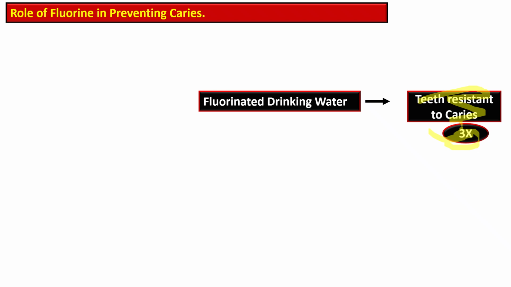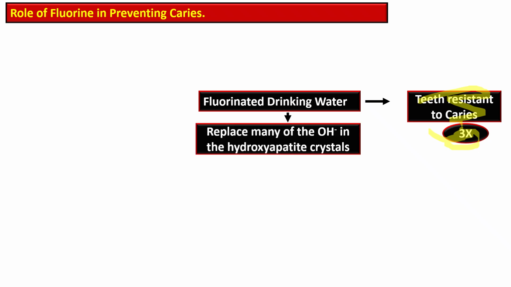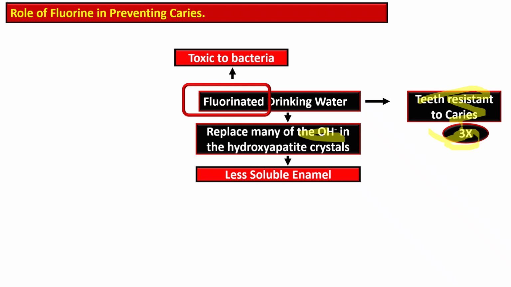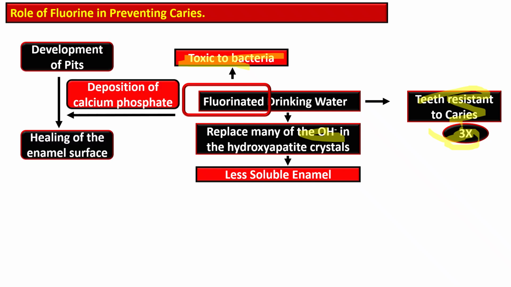The fluorine ion replaces the hydroxyl ion in hydroxyapatite crystals, which leads to formation of fluoroapatite, and this is significantly less soluble in acids than hydroxyapatite and increases the resistance of enamel several times. It also has antibacterial activity because it has a toxic effect on caries-causing bacteria, that is Streptococcus mutans.